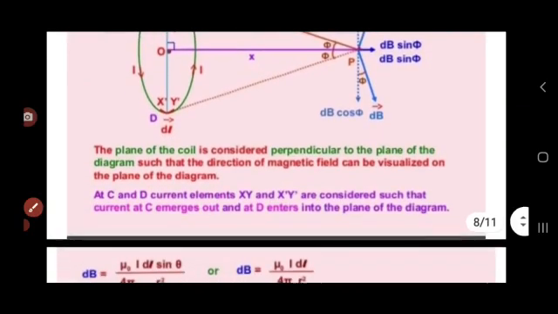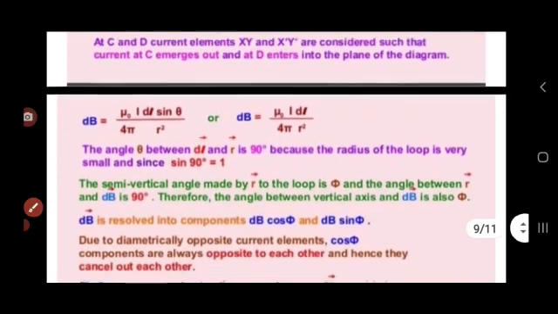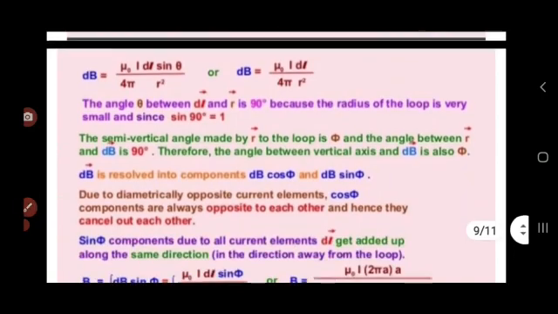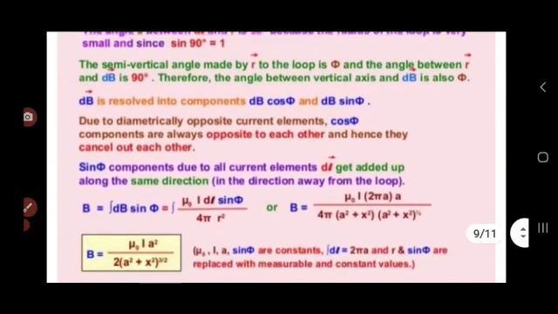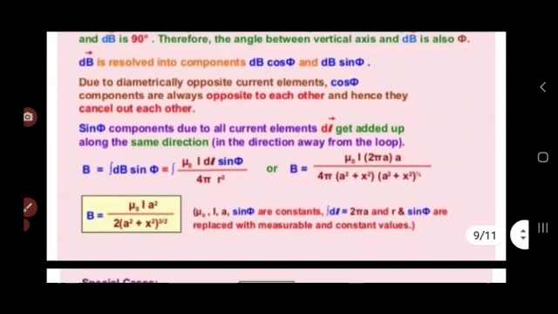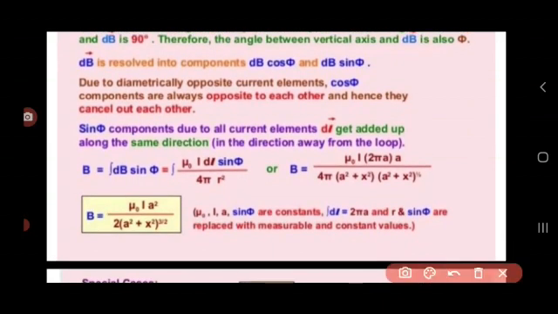Now put the value of dB over here. It is mu naught by 4 pi, I dl by r squared, into sin phi. So we have to put the value of sin phi in the next step.